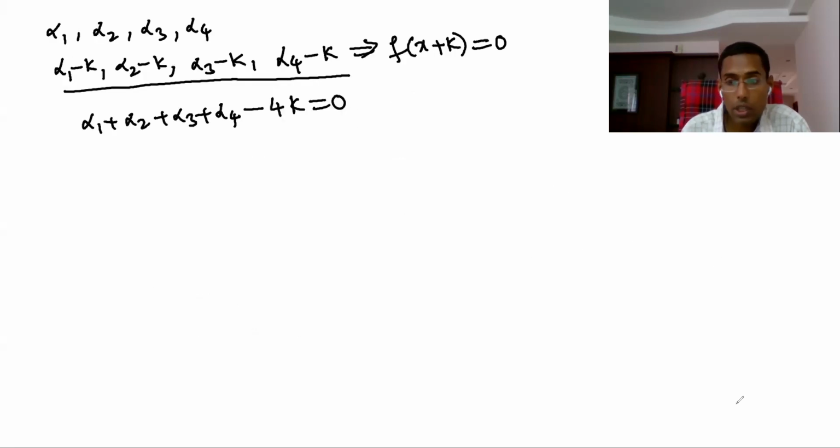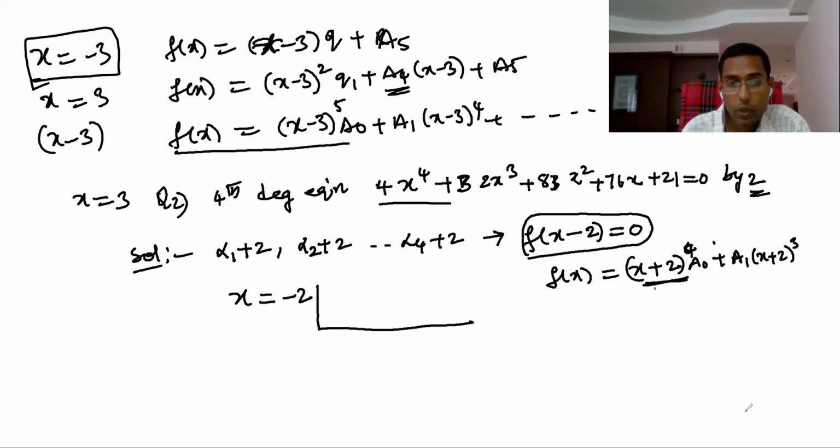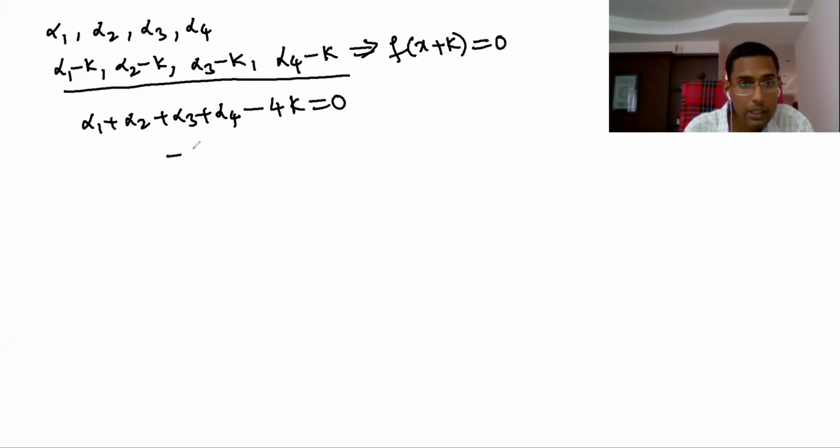But the sum of the roots we already have. What is the sum of the roots here? Minus 8. So this is minus 8 minus 4k equal to 0. 4k equal to minus 8, k equal to minus 2.